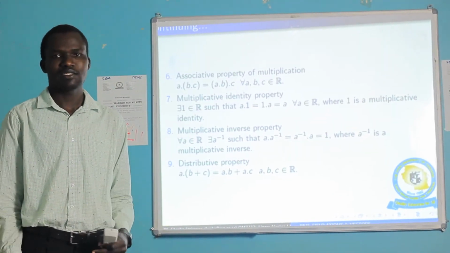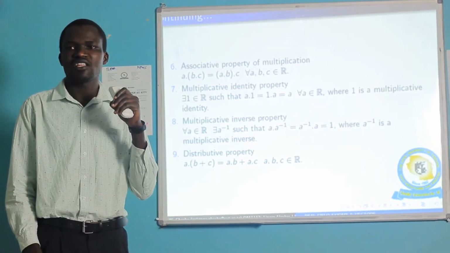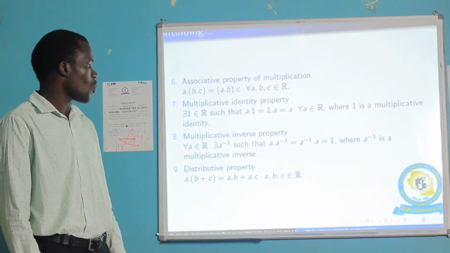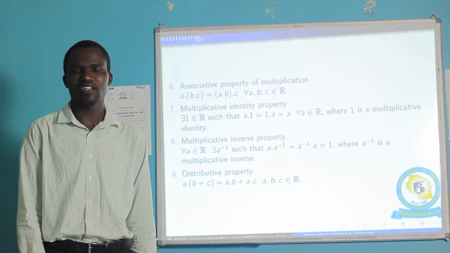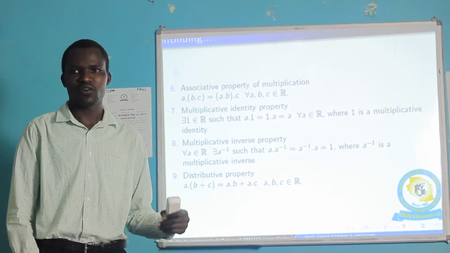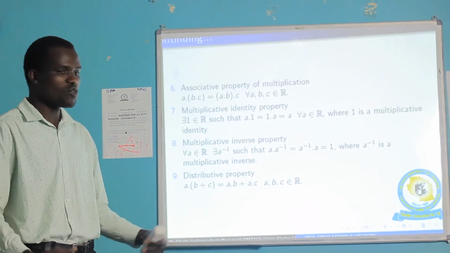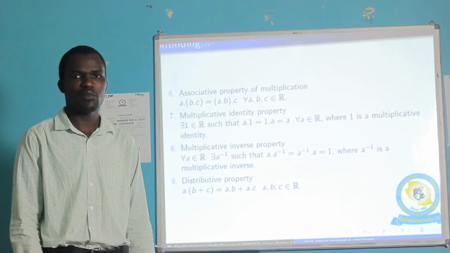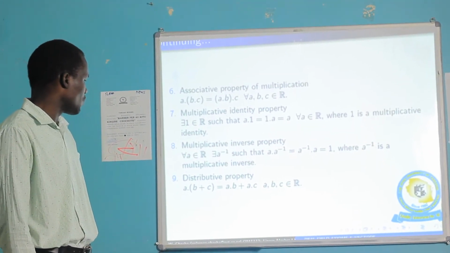The number that, if you multiply it by another number, you get the multiplicative identity, which is 1. For example, if you have A, you multiply it with the multiplicative inverse of A, you get 1. The multiplicative inverse of A is 1 over A. For example, the multiplicative inverse of 2 is 1 over 2.